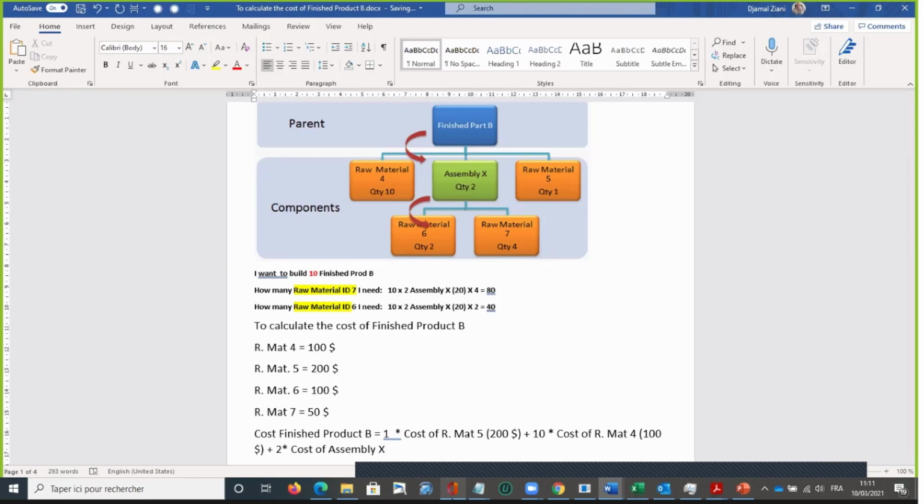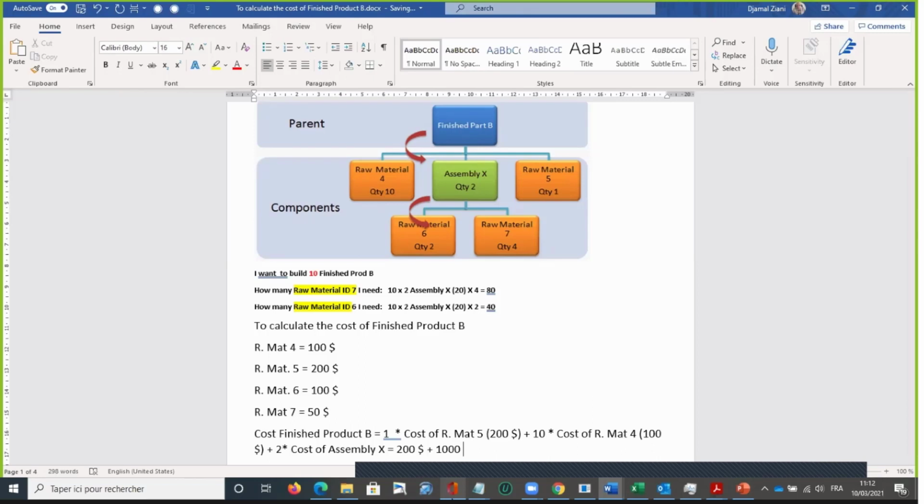Now how much does this equal without it? 1 for the cost is 200, right? Yes. Plus this cost, we said 10 multiplied by 100 is 1000. Yes, 1000.